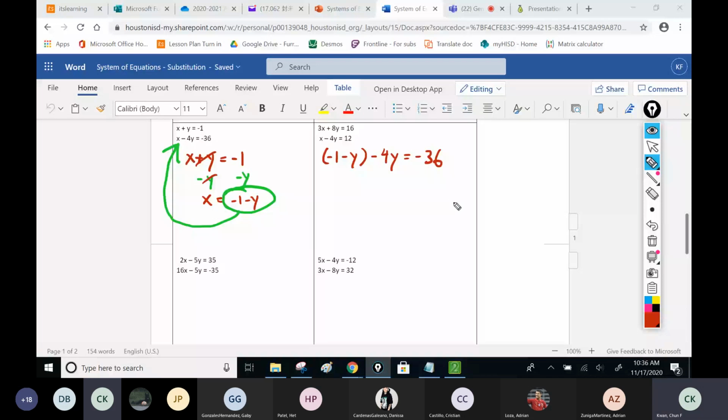All right, so we will remove the parentheses. And then combine the like terms. Like terms are -y and -4y. They're the like terms. So I'm going to combine them.